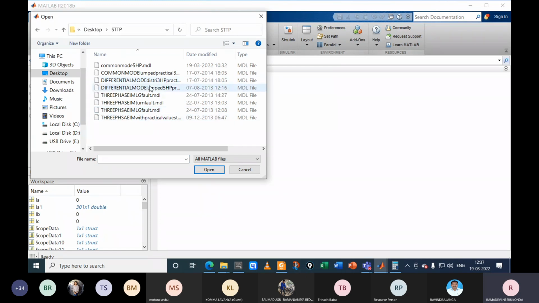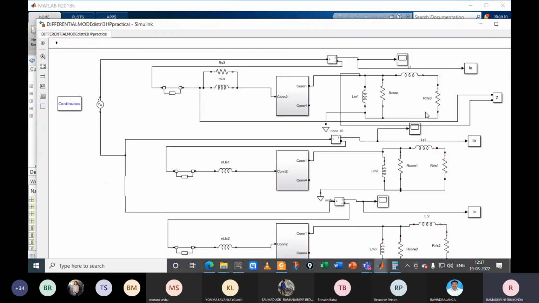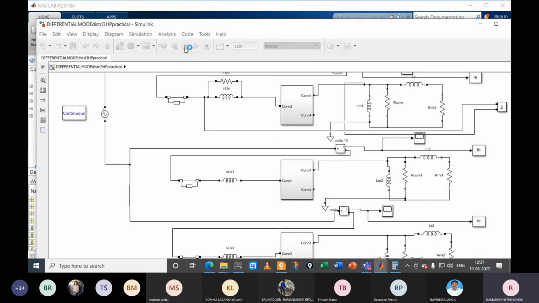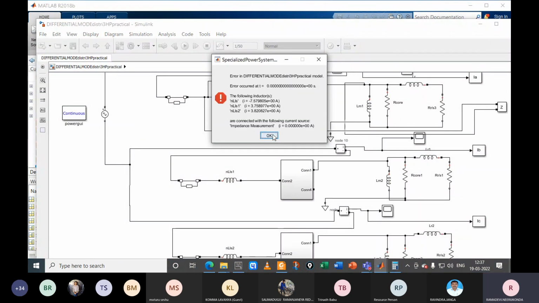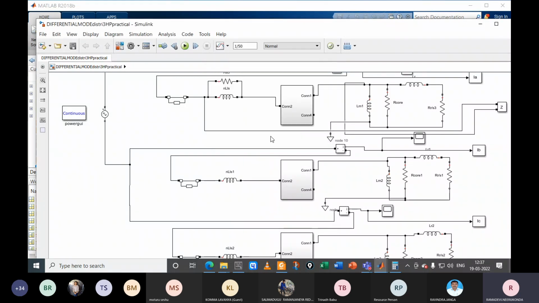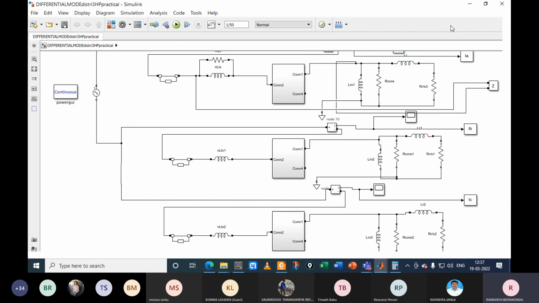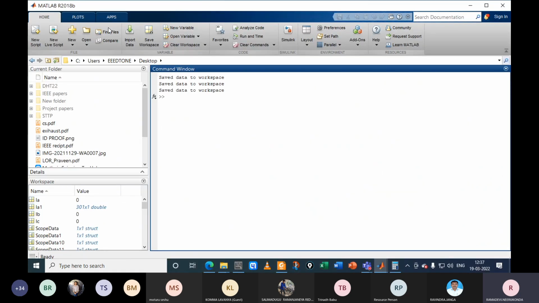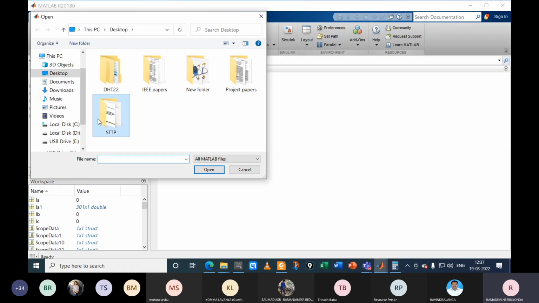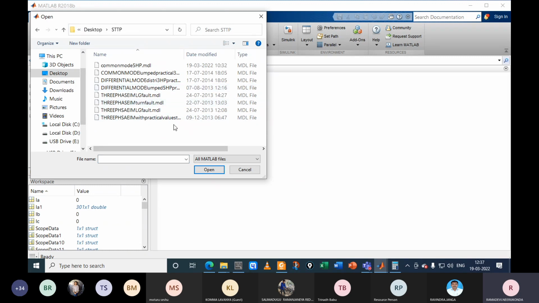You open the differential model. We can open the 5HP machine as well. It's also a distributed model.